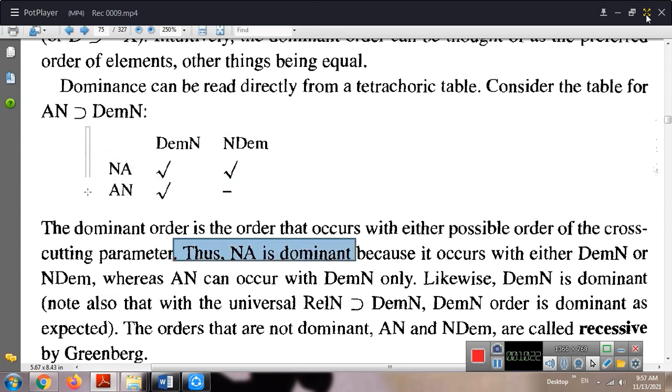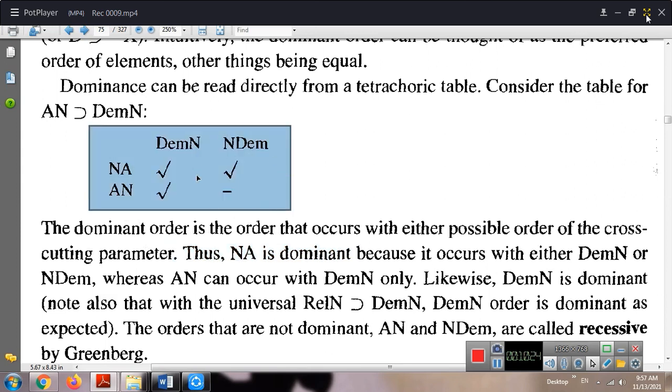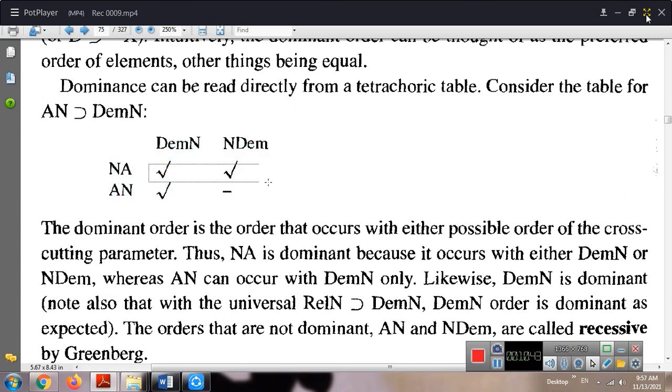Then based on this table, please look at the table and look at this explanation. Based on this table, I can say that noun adjective is dominant because it occurs with either demonstrative noun or non-demonstrative. It is plus in both conditions.